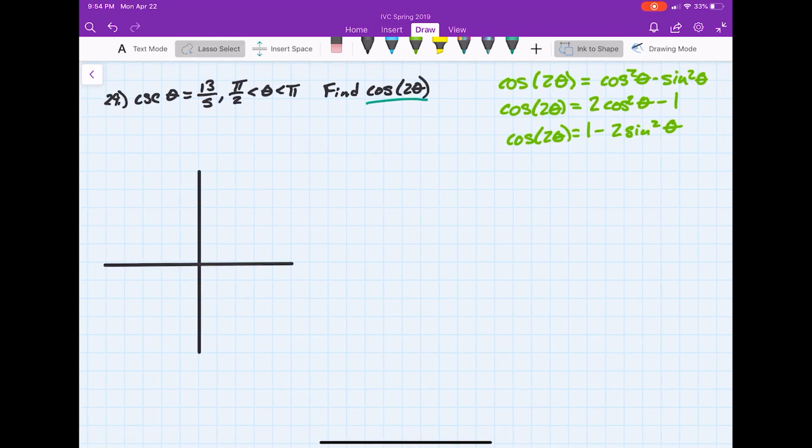Now, since we have cosecant here, we can actually think of this as sine, because cosecant theta is defined by 1 over sine theta. So basically what we can do is just flip over the 13 over 5 and make it 5 over 13. So sine theta would be equal to 5 over 13.